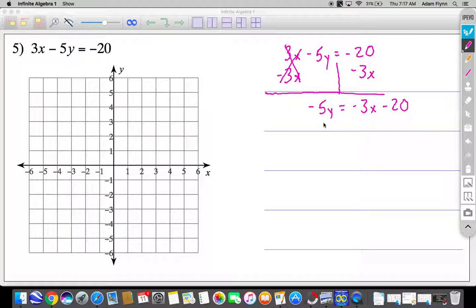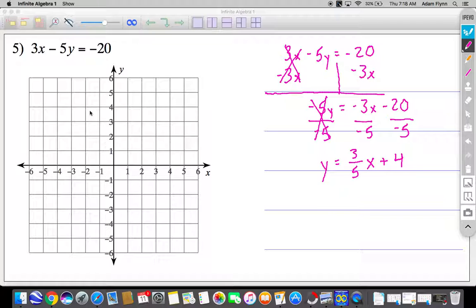So I've got negative 5 times y on the left side. So I'll divide everything by negative 5. Negative 5 divided by negative 5 will leave me with a coefficient of 1, so they cancel. So I'm left with y equals positive 3 over 5x, because a negative divided by a negative is a positive. And then negative 20 divided by negative 5 is positive 4.